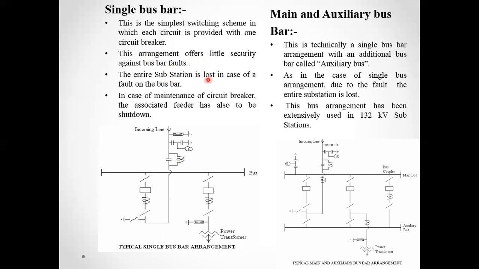The entire substation is lost in case of a fault on the bus bar, and in case of maintenance of a circuit breaker, the associated feeder also has to be shut down. So it is very simple, but it has the disadvantage that security is not there, and the substation will be lost.